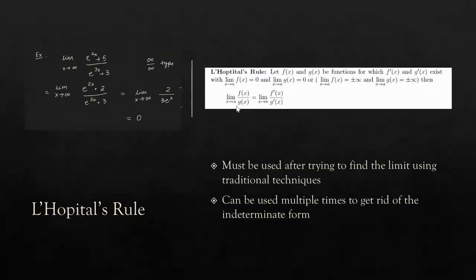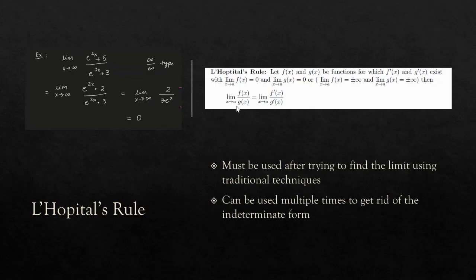If you see that it's still giving you indeterminate form, you can keep doing that until you are able to get rid of that form and end up with an answer. So it's okay to take the derivative multiple times of the numerator and the denominator. One thing you want to remember is that if you're taking the derivative of the numerator, you want to take the derivative of the denominator as well. So you want to do both when you're doing it.